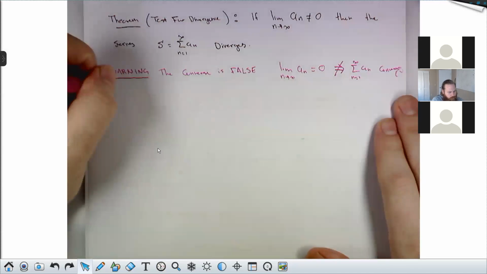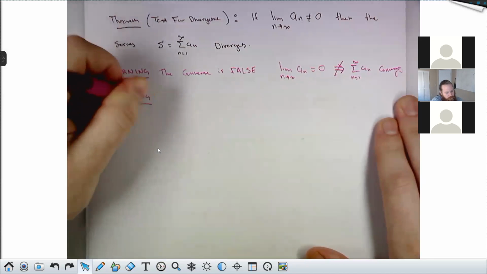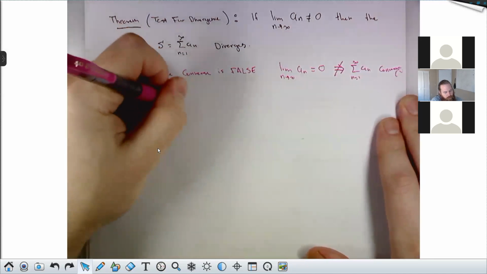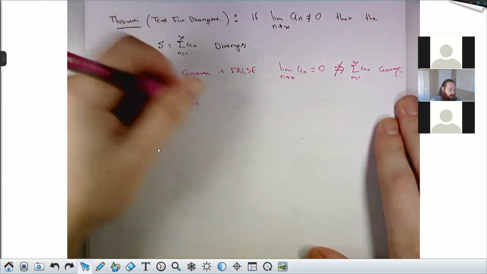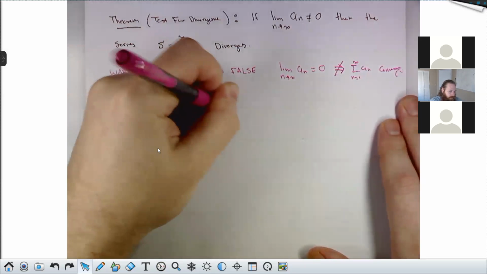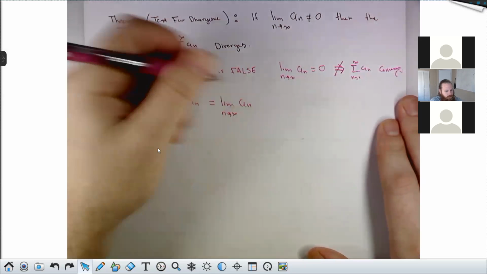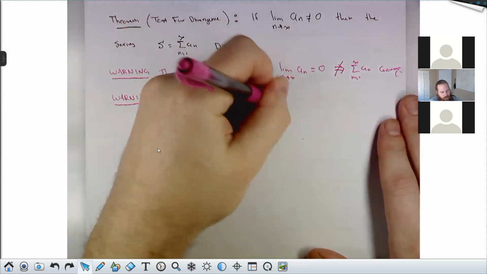Another quick warning while I'm giving these out. A mistake I see a lot is people saying that the sum from 1 to infinity of the ANs is equal to the limit as n goes to infinity of the ANs. This is super duper not true. These are totally different.